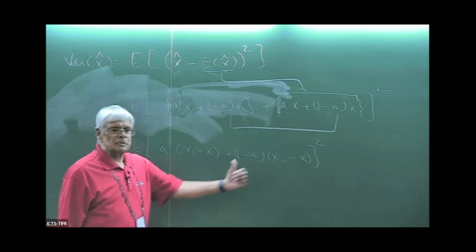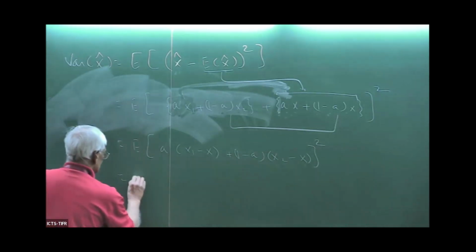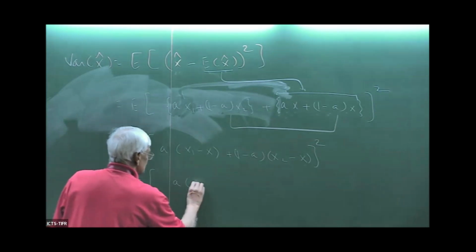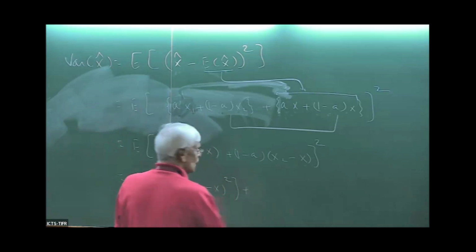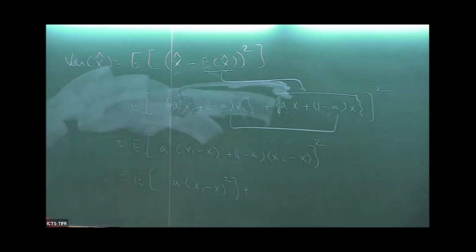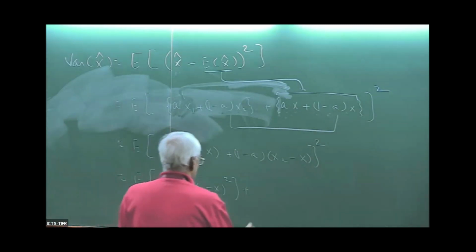Now it looks like a plus b whole square, right? So this is equal to expected value of a times x1 minus x whole square. Expectation of the sum is the sum of the expectations. If you multiply that, I'm going to get 3 terms. Are you all with me? Usual algebra.